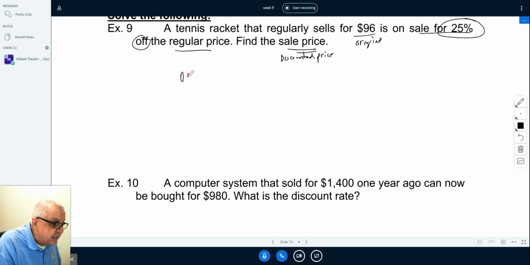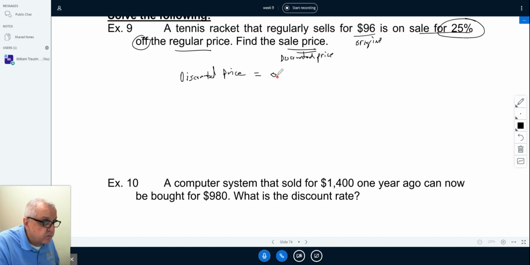On our formula sheet, the discounted price, which is the same thing as sales price, equals the original price minus the discount.